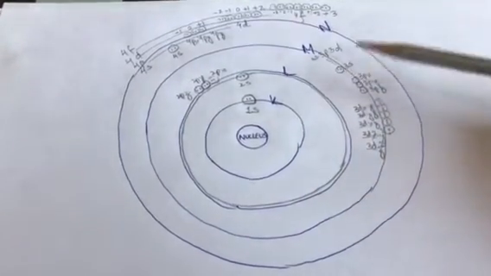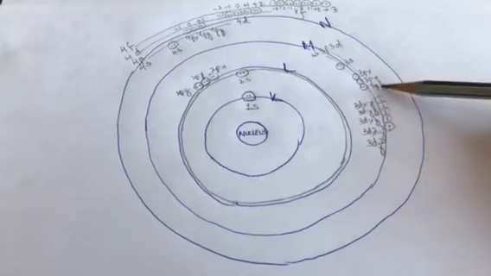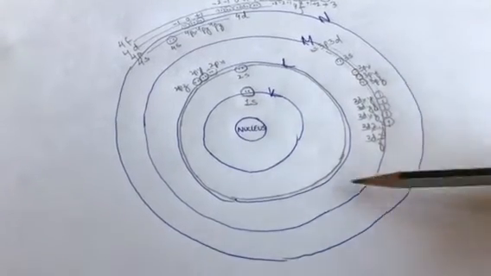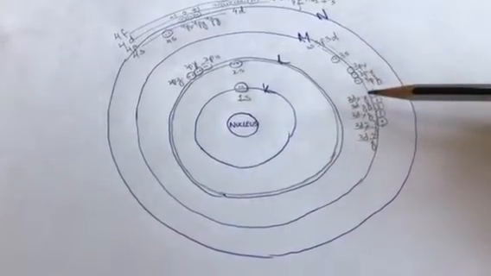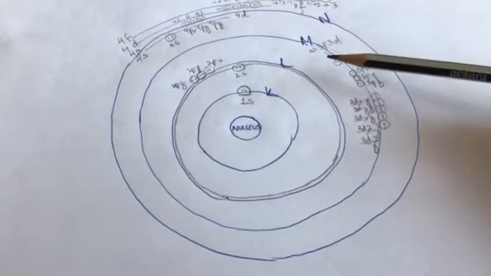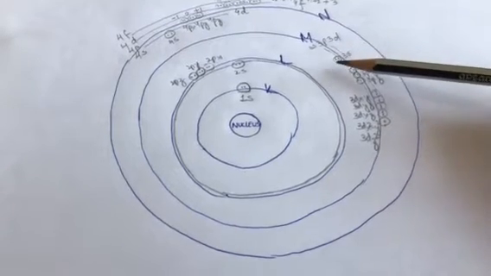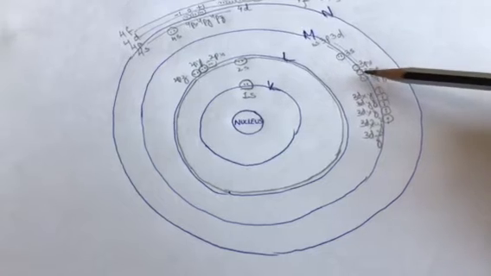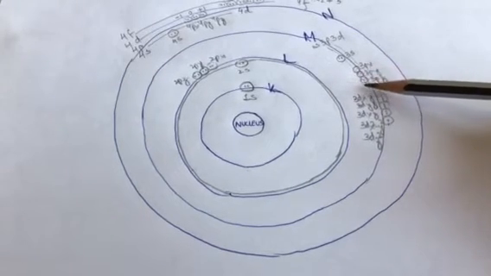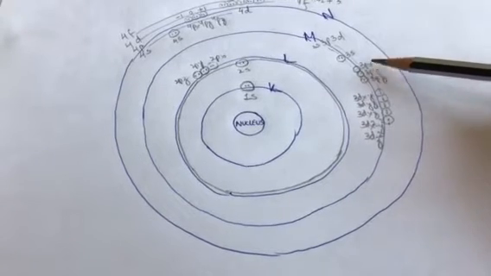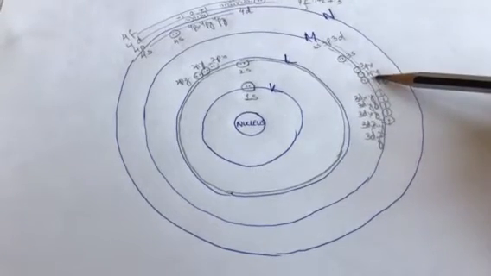In M shell, there can be further 3 subshells. Again, I tell you, these 3 subshells are actually full circles, but for the convenience, I have just stopped here. 3s subshell has one orbital with 2 electrons. 3p subshell can have 3 more orbitals represented as 3px, 3py, 3pz.